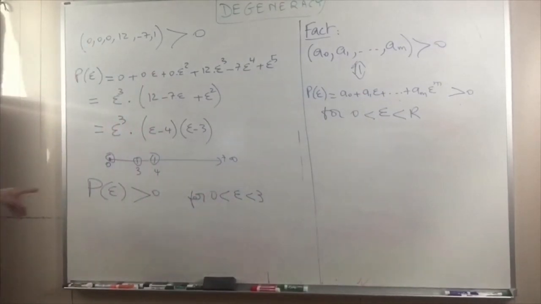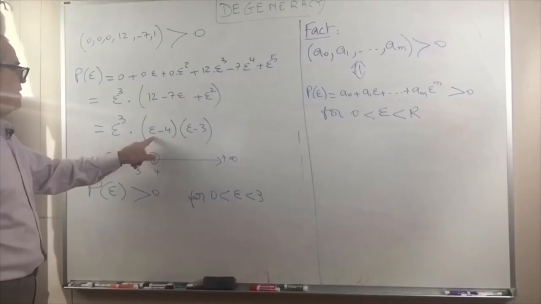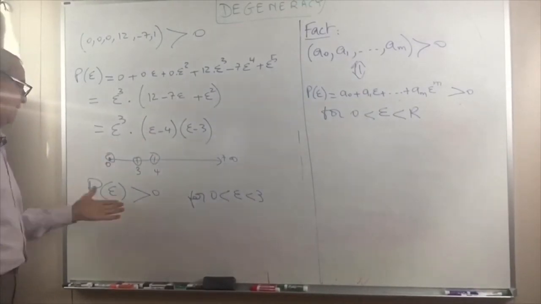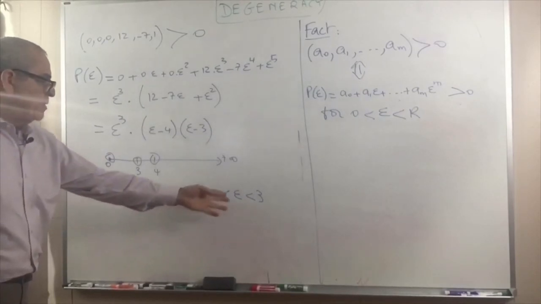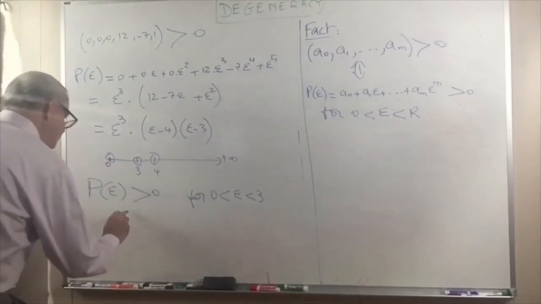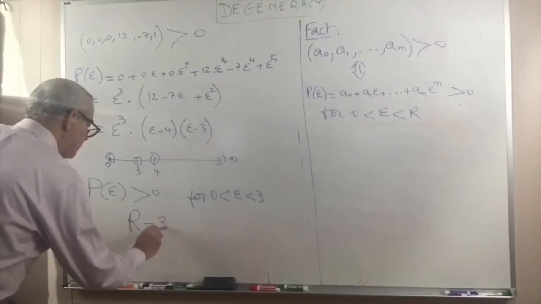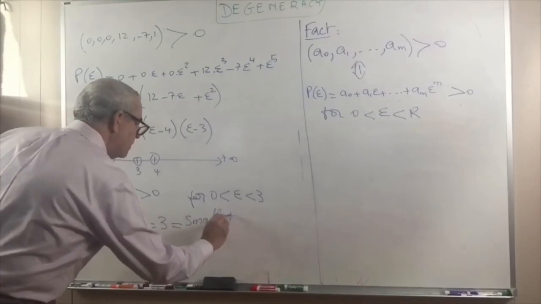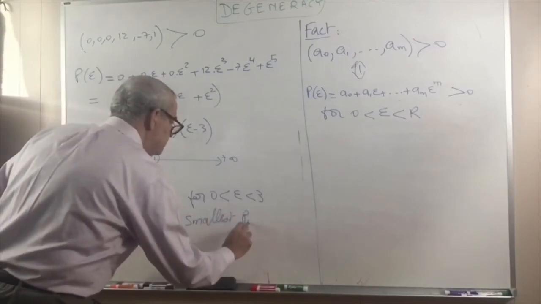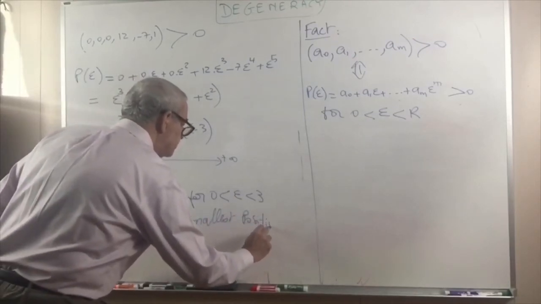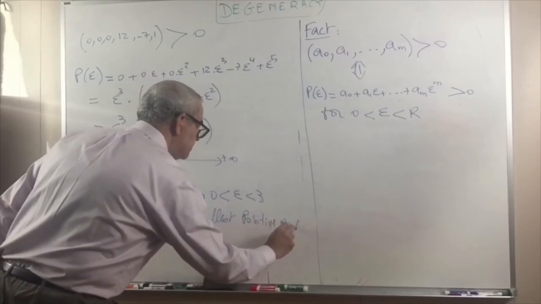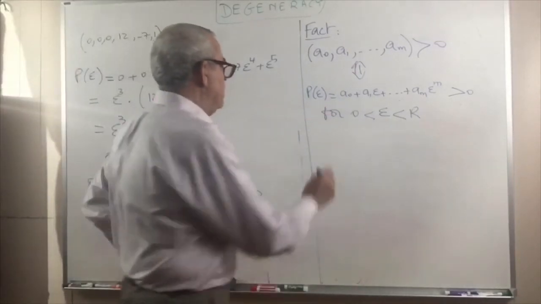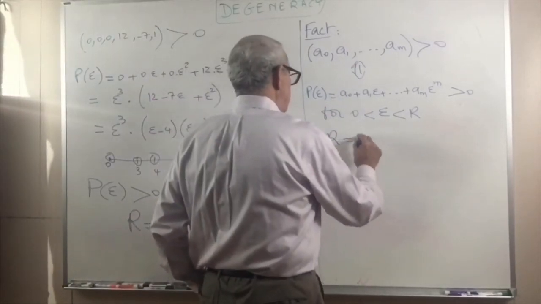It's obvious. If epsilon is less than 3, this is negative, so this is positive and positive. So my polynomial is positive for epsilon less than 3. So my R is 3, the smallest positive root. So in this theorem, R is just the smallest positive root.